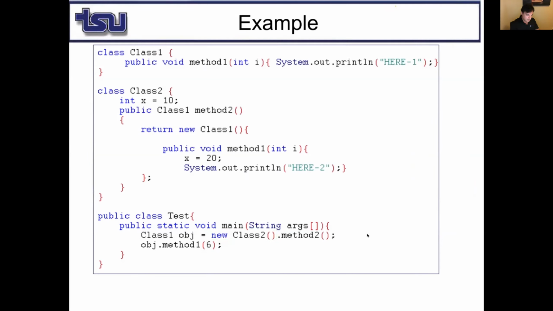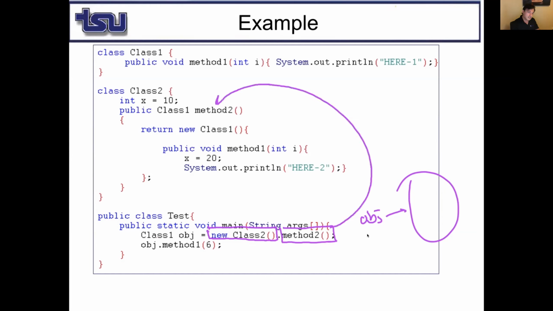Here it's not obj1, it's obj, which points somewhere in the memory. So even though obj is a class 1 reference, what do I have in the memory? A class 2 object. And I'm making a call to method 2 via the class 2 object. So I created an unnamed class 2 object. Via that unnamed object, I'm making a call to method 2 here.